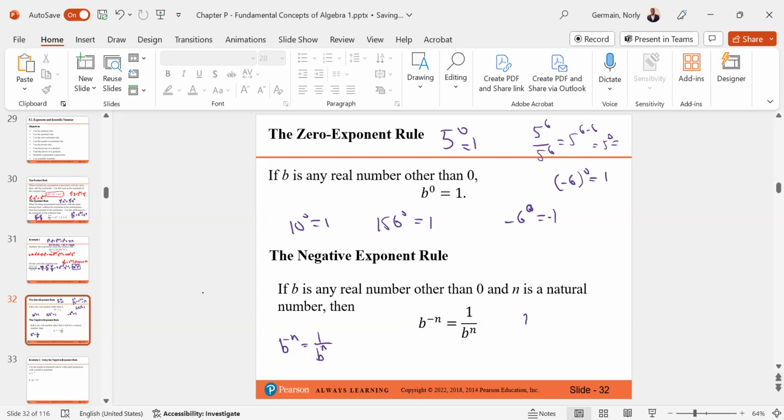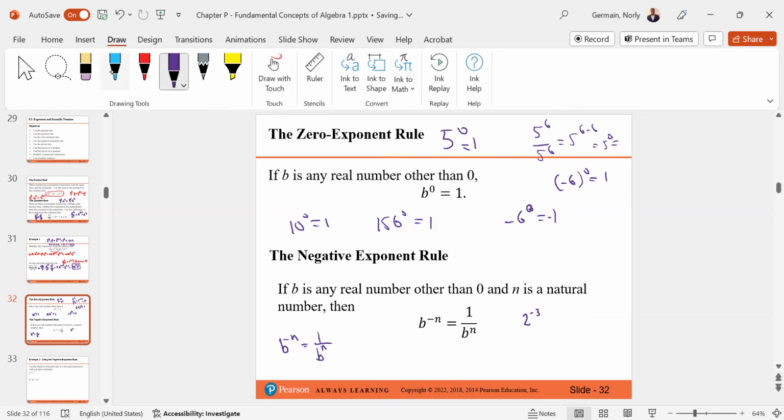Because remember 2 power, let's put the positive first to see. We have 2 power 3 is 2 times 2 times 2, that's 8. But 2 power negative 3, if you try it on a calculator that is not a scientific calculator, it might give you an error, right?